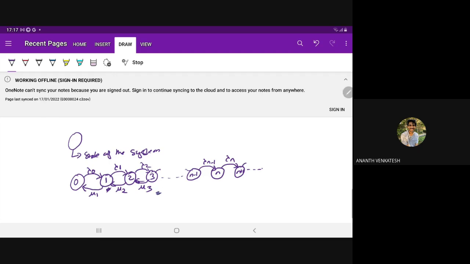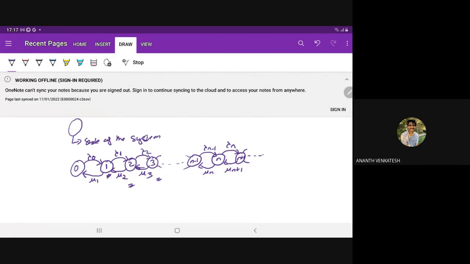Here we have three customers, and here we have two customers after getting the service. And here we have mu n, and here we have mu n plus 1, and so on. Clear this part? So here mu1, mu2, mu3, mu n plus 1 are the state dependent service rates.